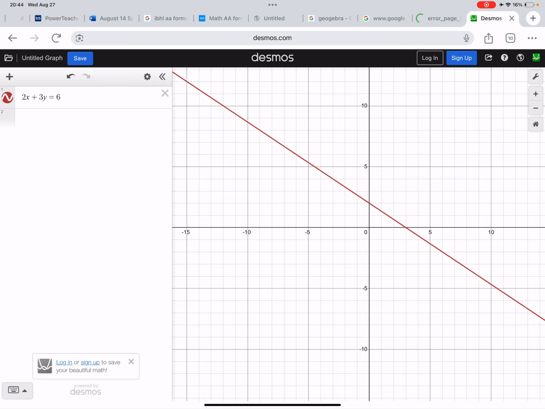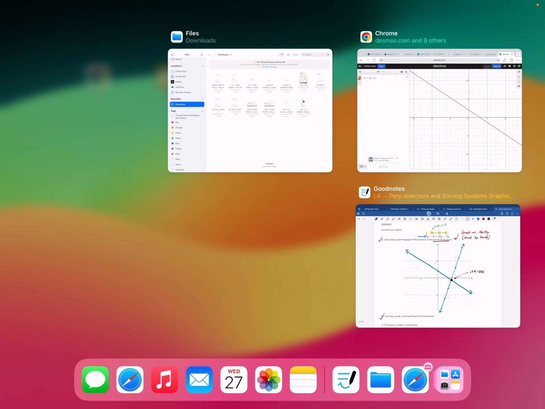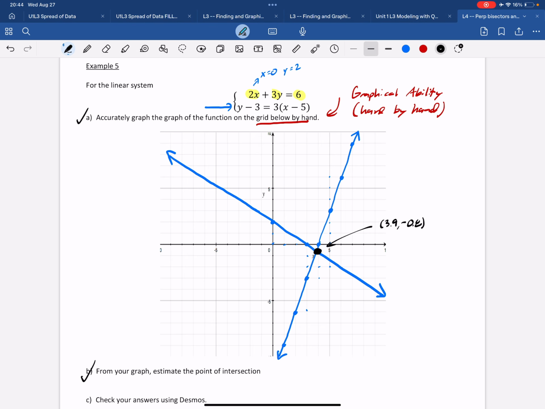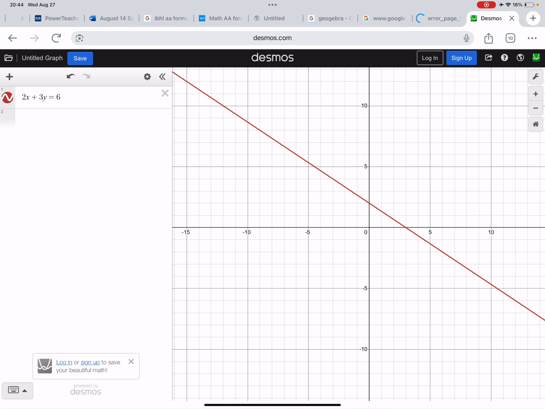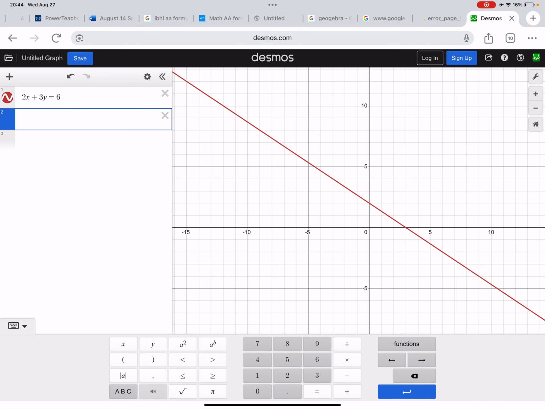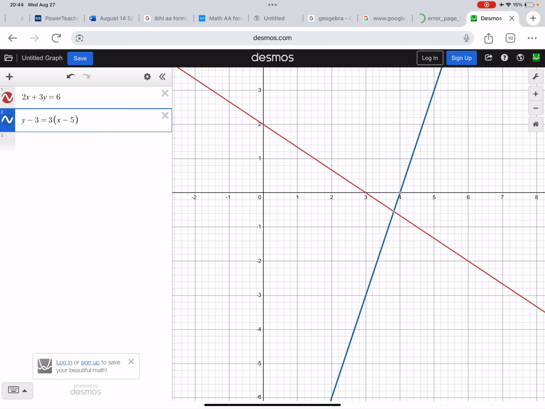And then the other one was, what was it, guys? y minus 3 equals 3 times, in parentheses, x minus 5. Now check this out. There's the point. That fast. 3.818.